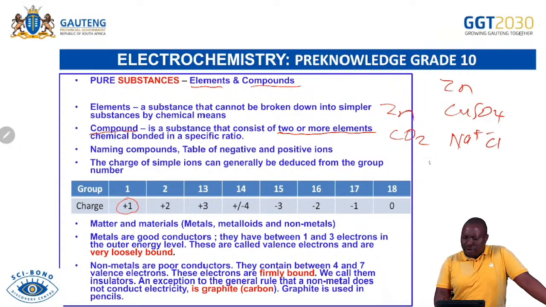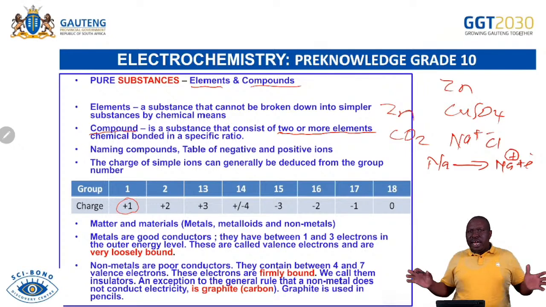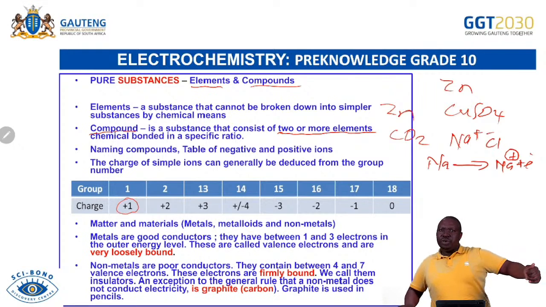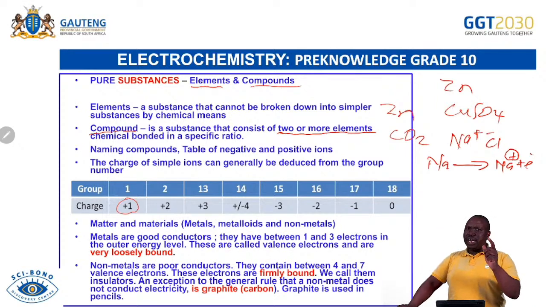For example, if you are having sodium, when it loses an electron, it becomes Na+ plus an electron. That positive shows that now we have more protons than electrons. The element is no longer neutral. All the elements that you see in the periodic table are neutral, but upon losing an electron, they will become positively charged. So all the time when you see a positive charge, you must know that there was a loss of electrons.